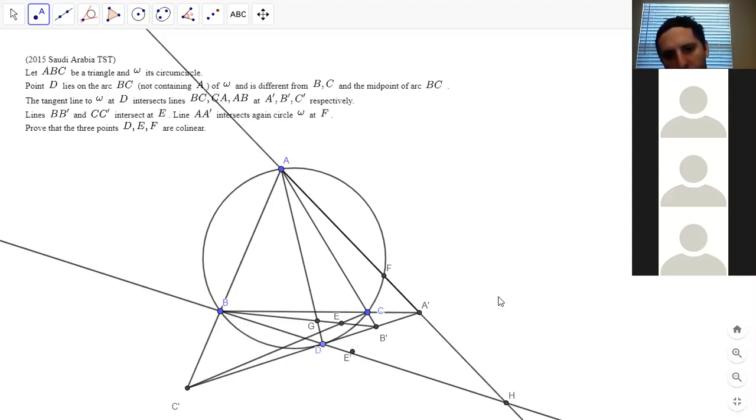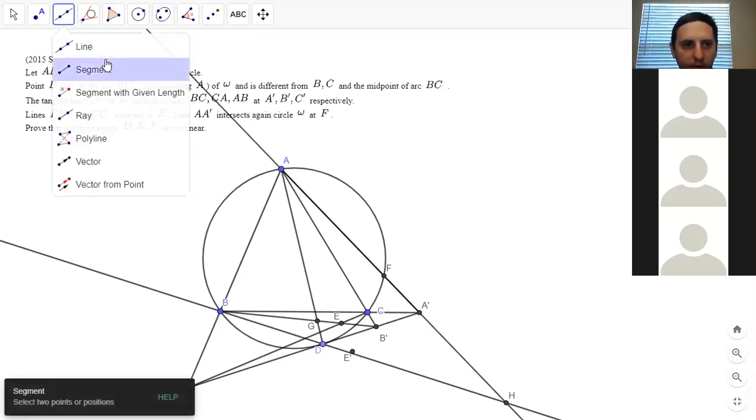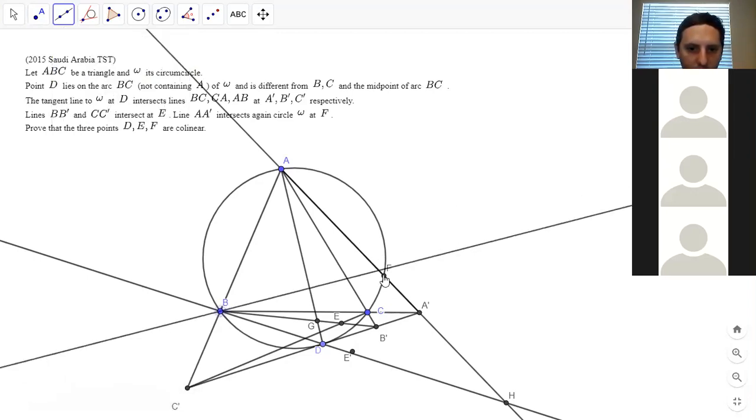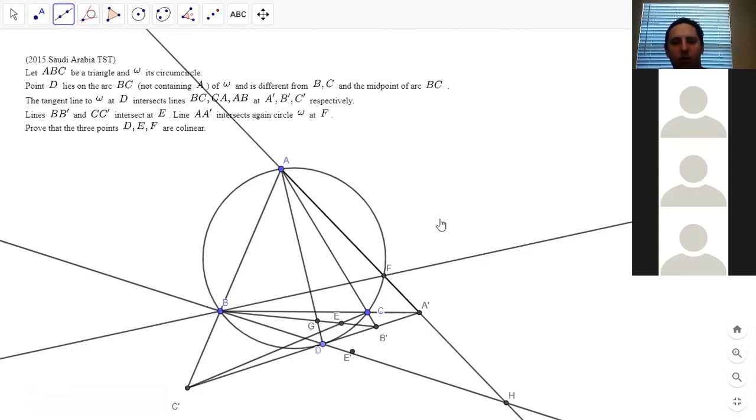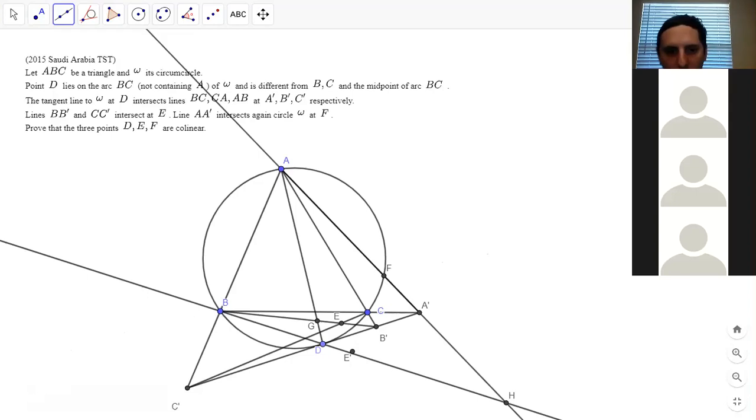Okay, so we projected through D. Maybe we could project through B now. So AF A prime H. Is BF, let's see what BF. Oh, but then we can project through B onto the circle.